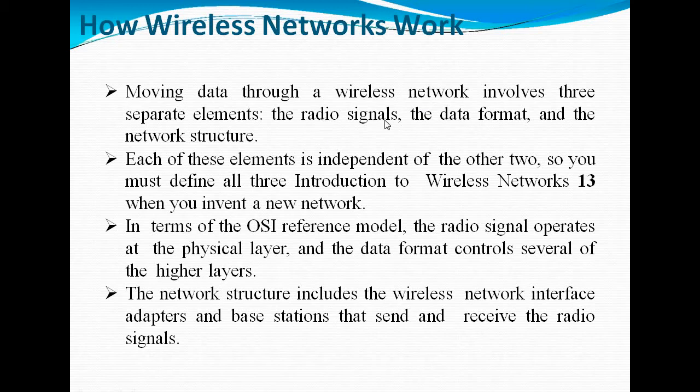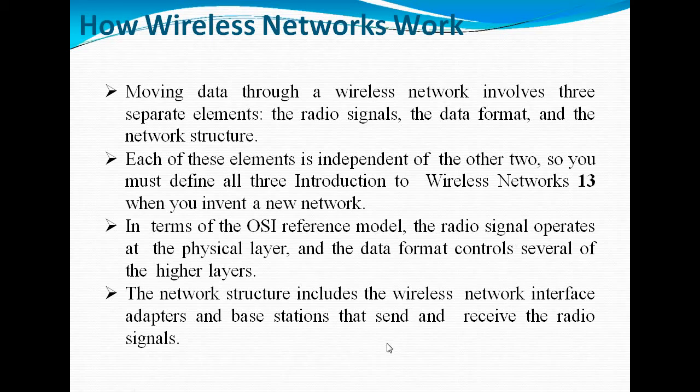Each of these elements is independent of the other two. So you must define all three when you invent a new network. In terms of the OSI reference model, that is Open Systems Interconnection, the radio signal operates at the physical layer and the data format controls several of the higher layers.